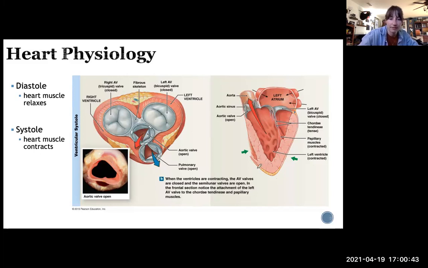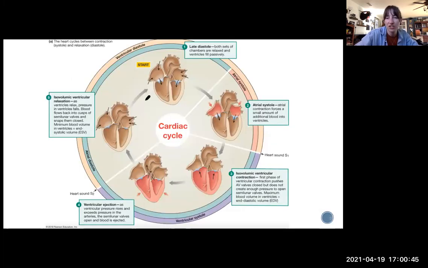Right? All right, here's another depiction of the cardiac cycle. You can find videos of it all over the place. All you need to do is search it up. But here's one graphic visual representation of atrial contraction, atrial systole, which is the atria contracting.